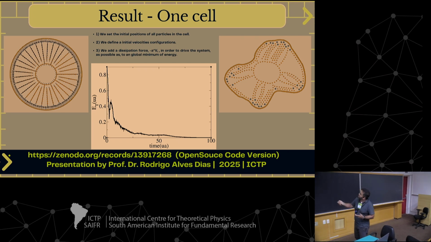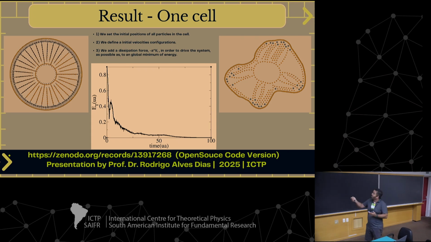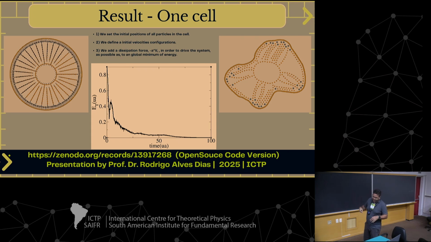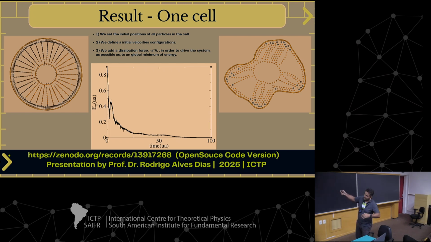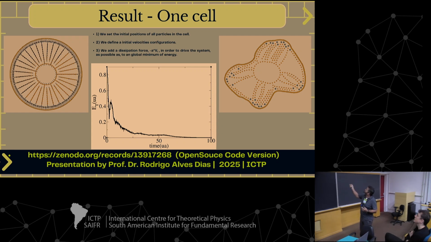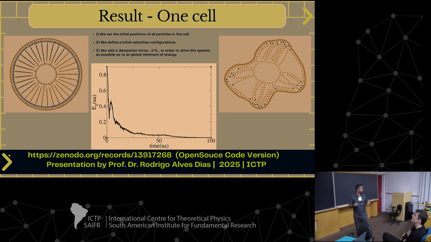The main idea is, I need to understand how the cells work. I create my model, take it in one unstable configuration that I have created, and using a molecular dynamic simulation with a dissipation term that removes energy, I look at how and when all the kinetic energy is removed, and what the final configuration is of the cells that I model with some force field that we will show in a moment.